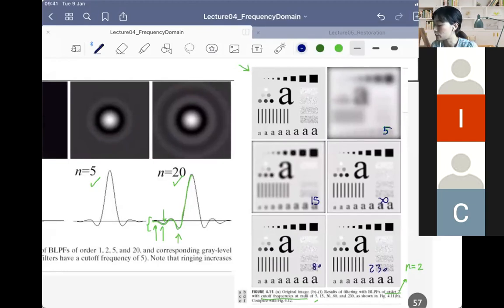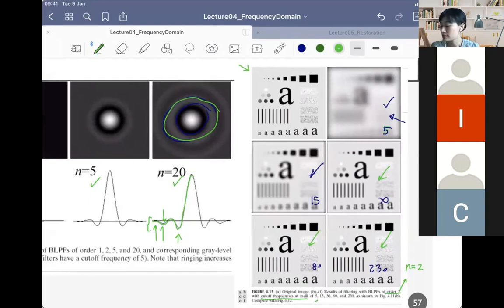What you notice, similar to the ideal filter, is that if the cutoff frequency is very small, the information passing through the filter is not so much. But if you add higher frequencies around the radius, you will probably get more information.